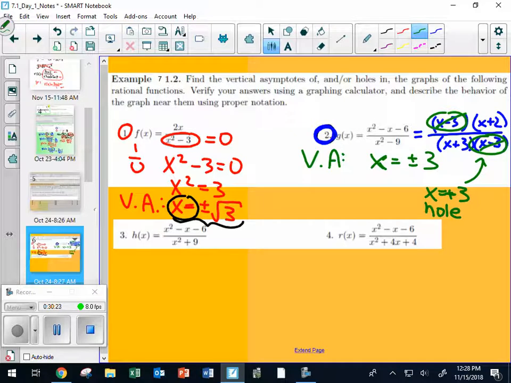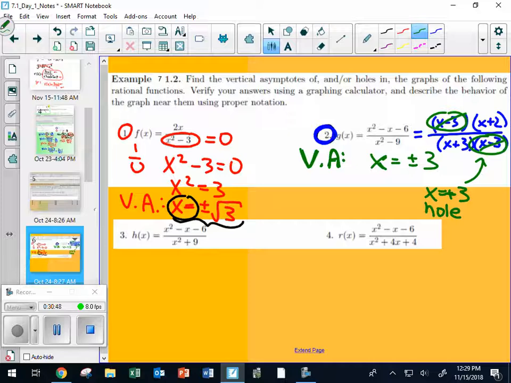So then we have to go back here to our vertical asymptote from earlier. And looking at after we have canceled everything out, what we have remaining is just an x plus 2 over an x plus 3. So since that's all we have remaining, then that means we don't have plus and minus 3 as a vertical asymptote.